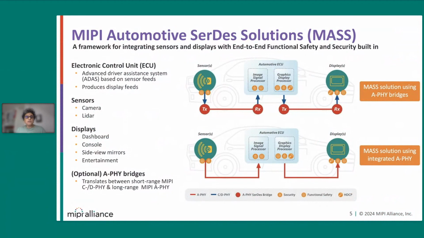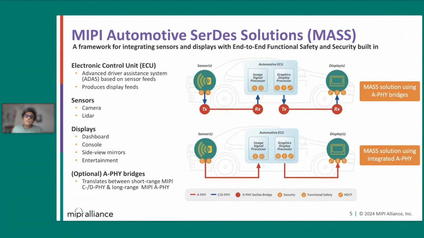Before addressing the display topic, just a word about MAS, which is the MIPI Automotive SerDes Solution. That is a framework for integrating sensors and display with end-to-end functional safety and security built into the system.